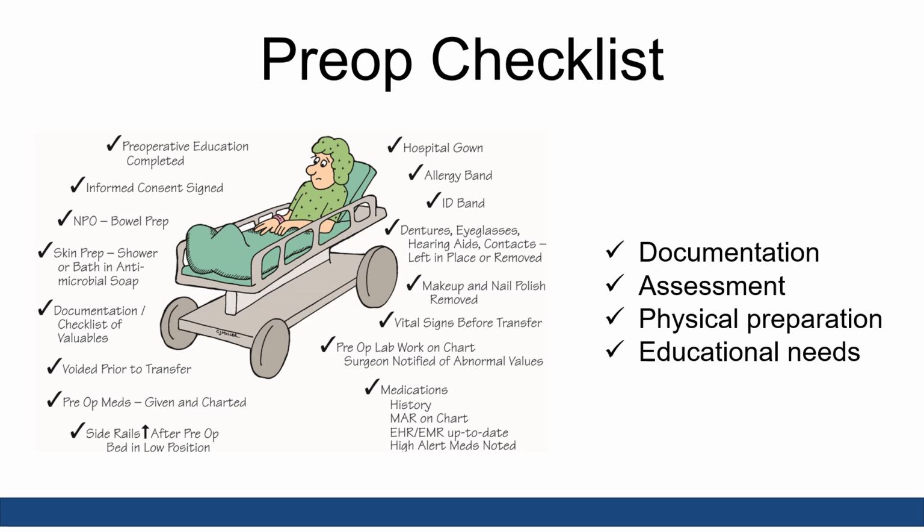So those are just a few things that could be on a pre-op checklist. Overall, documentation, assessment, physical preparation, and any educational needs the patient requires should be documented on that pre-op checklist.